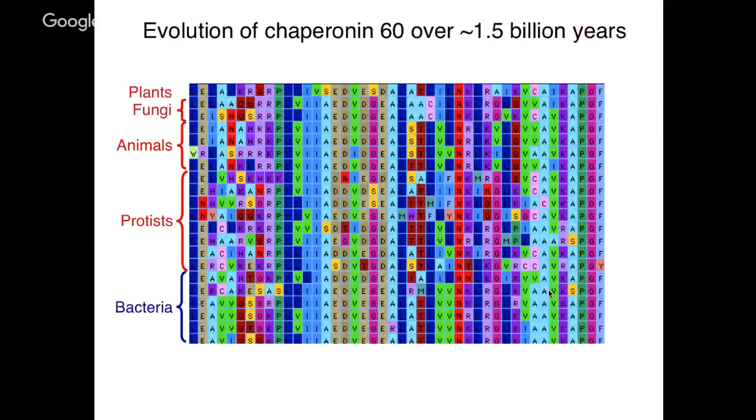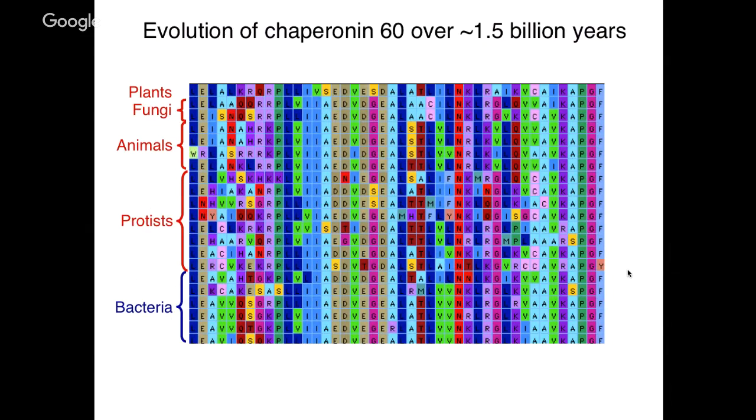So let's go back to this idea of site-specific constraints in evolution. This is a segment of the chaperonin 60 alignment. This is taken from plants, fungi, animals, from our mitochondrial protein, and then the bacterial homologs. And I want to draw your attention to some particular sites in here.